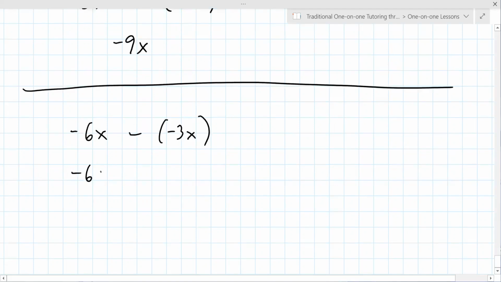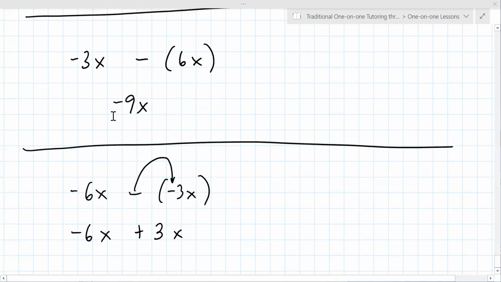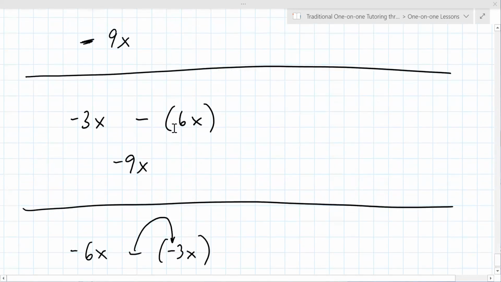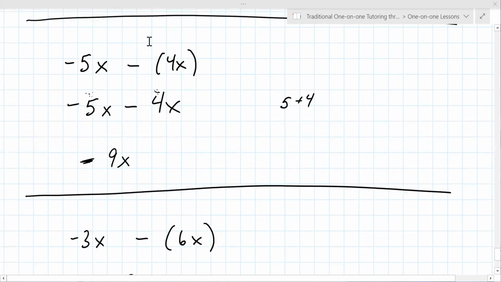You have minus 6x, and this subtraction goes in because there's another subtraction. This becomes plus 3x. Then how did you get the subtraction up there? There was nothing inside here.